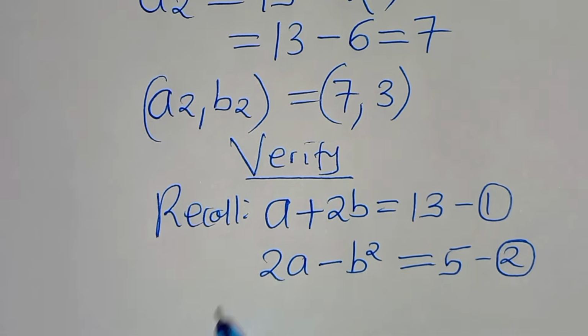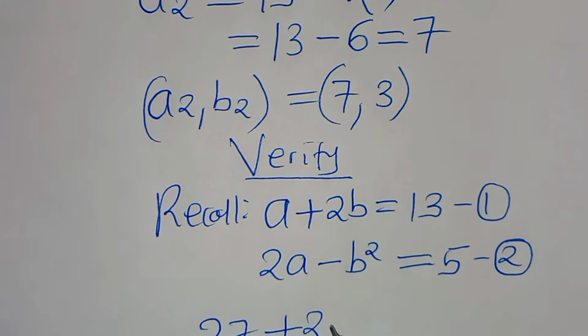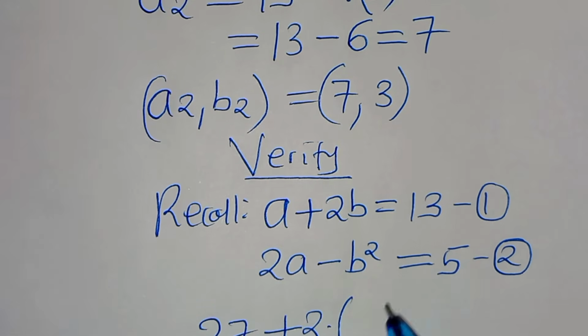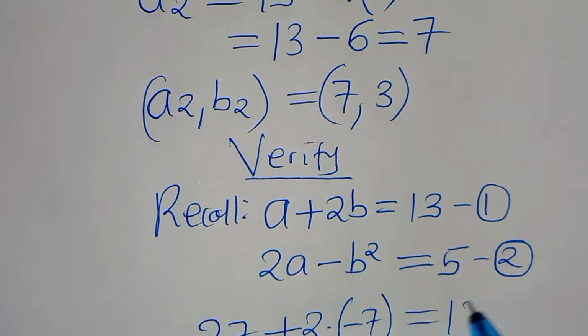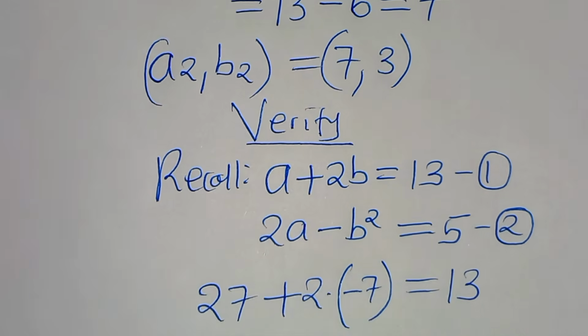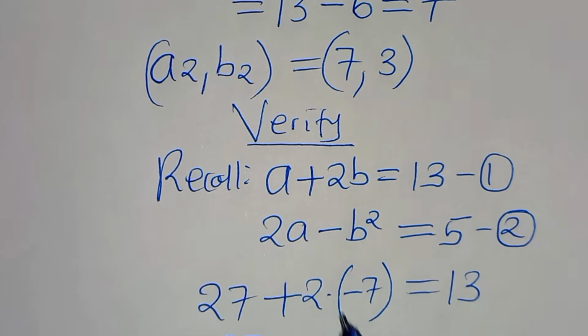So we have that this is the same thing as 27 plus 2 times b1. b1 is minus 7. This should give us a value of 13. So this is 27, we have plus 2 times minus 7, this is minus 14.